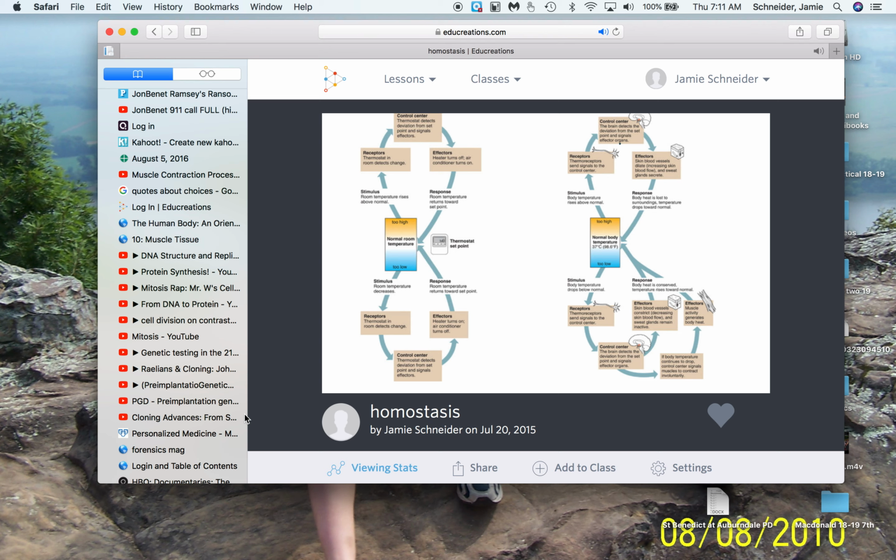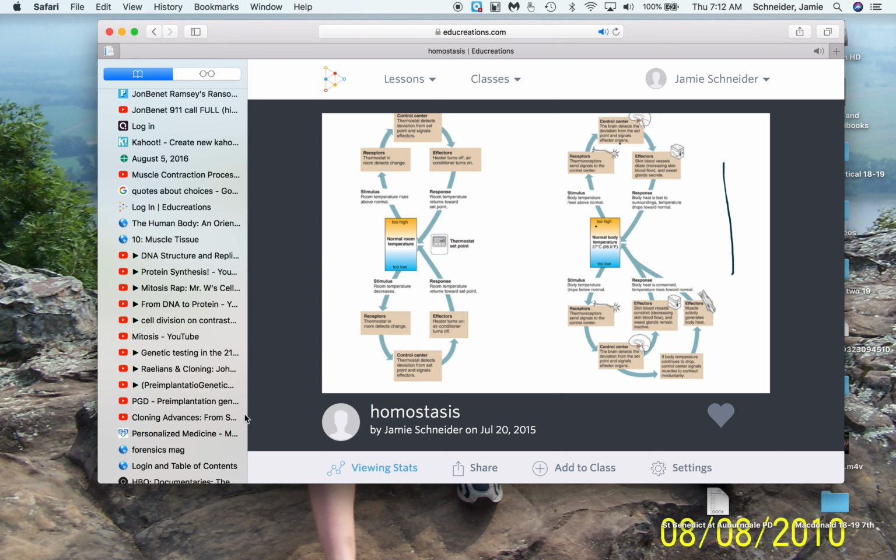Over on this side, which is the right-hand side, I have it set up for the body, okay? So here, my receptors are on the surface of my skin or near the internal organs, constantly monitoring temperature.